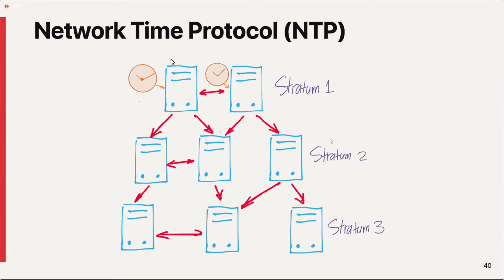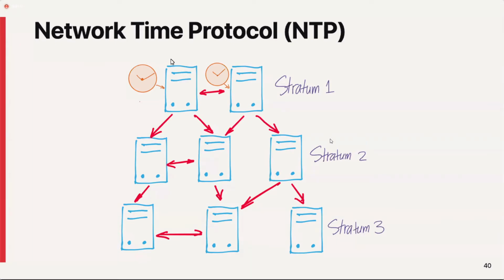In this particular case, the top, the root, will be something called stratum number 1, and that would be synced directly with atomic clocks. The second hierarchy is synchronizing with the top hierarchy, and the bottom hierarchy would be synchronizing with the second hierarchy. So that would be the design of Network Time Protocol.